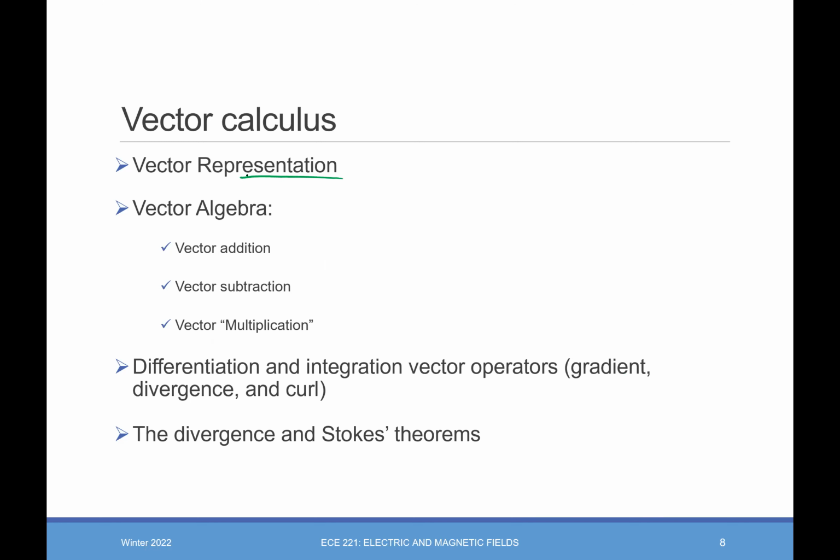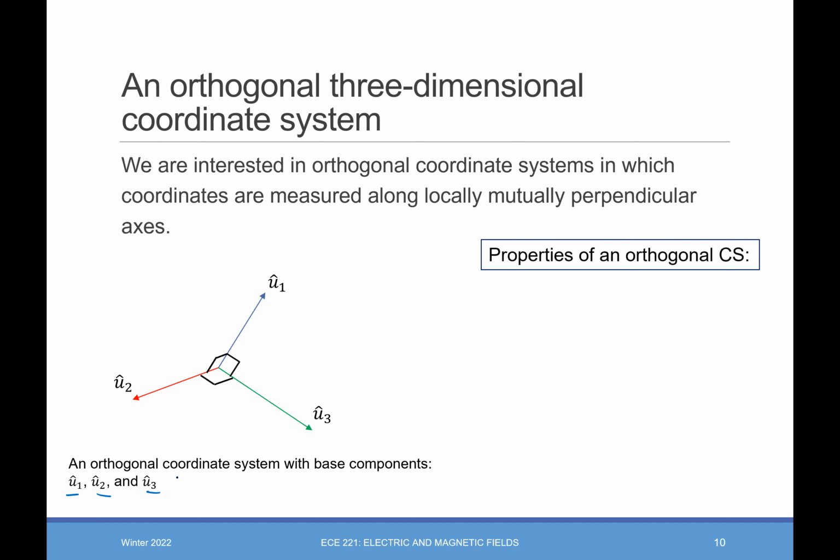And orthogonal means that the 3 axes or the 3 variables that would define the points and vectors for us are going to be perpendicular to each other. Now, each orthogonal coordinate system has 3 base vectors, or unit vectors, we call them. So these are unit vectors.